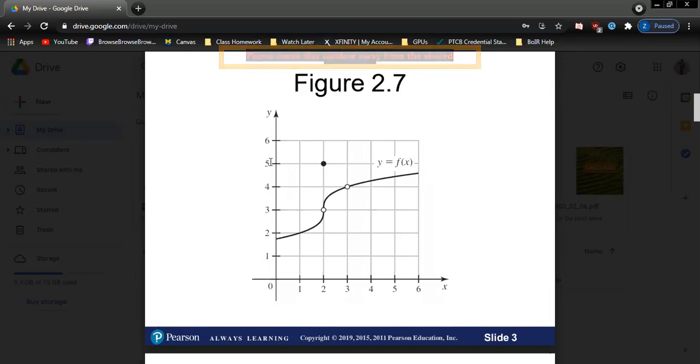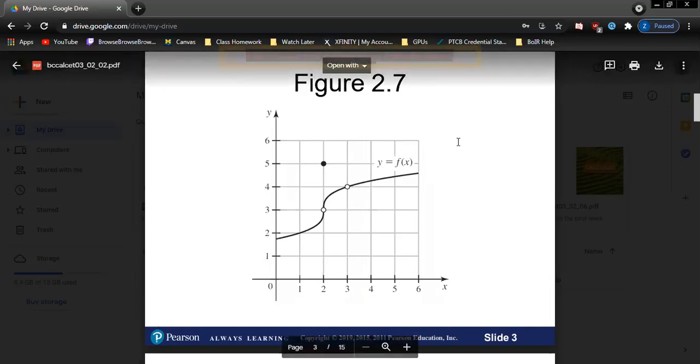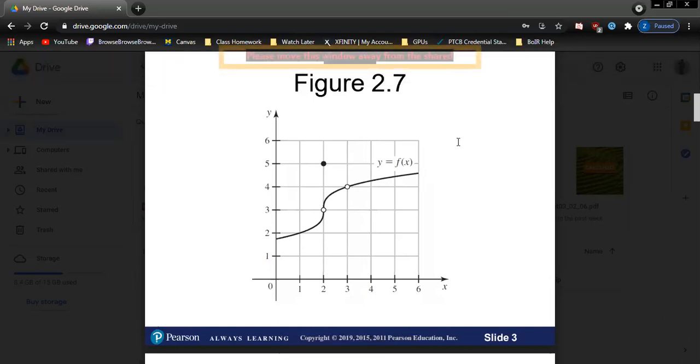Can you see that? So that means we say this function is defined for any value from 0 to 6 other than 2 and 3, and at 2 we have a different part which is a straightforward 5.